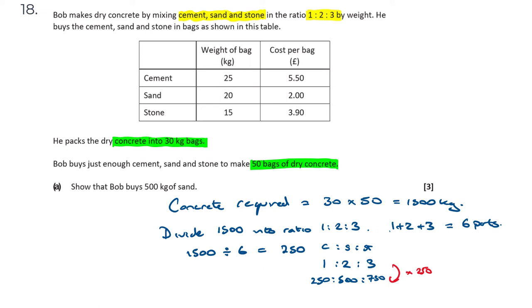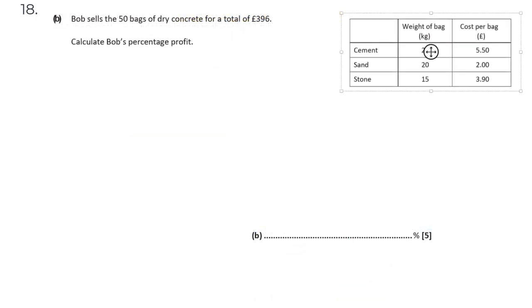Okay, so we've kind of done what we needed to do then, haven't we? So sand is this one here, it's 500. So I can just say, therefore, we require 500 kg of sand.